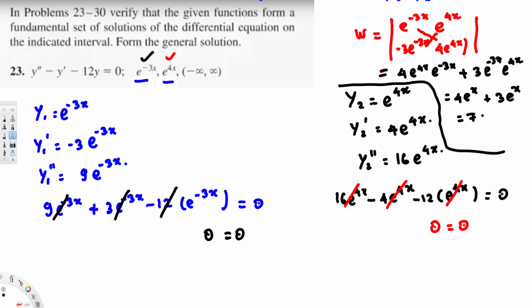Totally we get 7 e power x. This is not equal to 0, so they are linearly independent. That's what we want. Therefore these two are solutions of this differential equation.